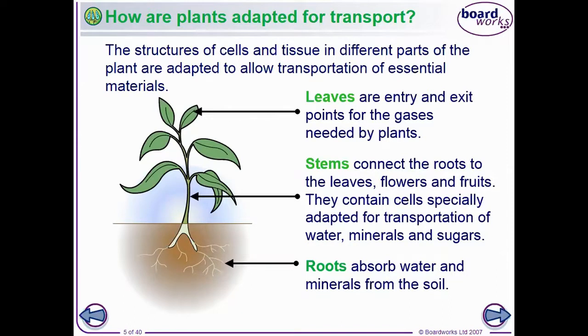And finally, the roots: their basic function is to absorb water and minerals from the soil. So we have our leaves, our stems, and our roots, the three basic parts of the plant.